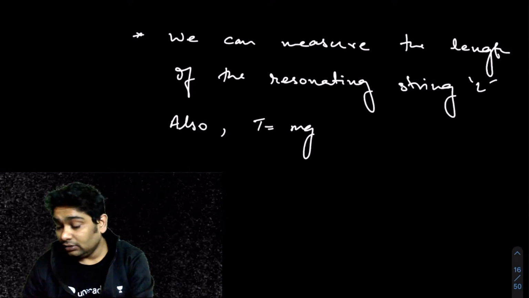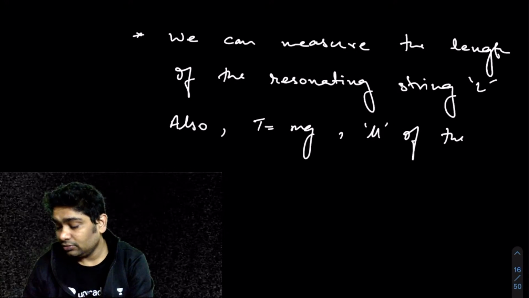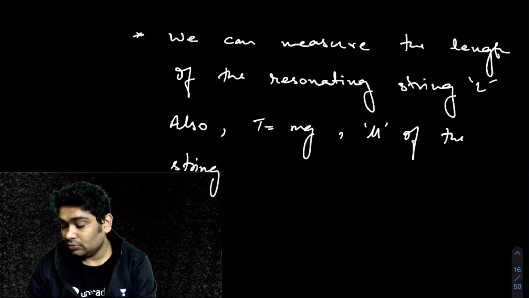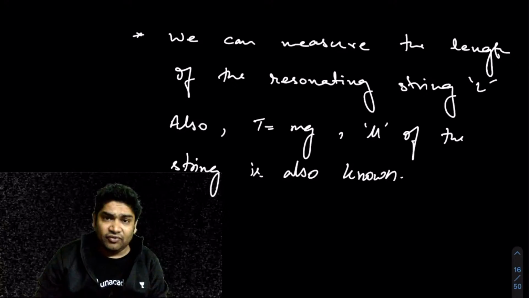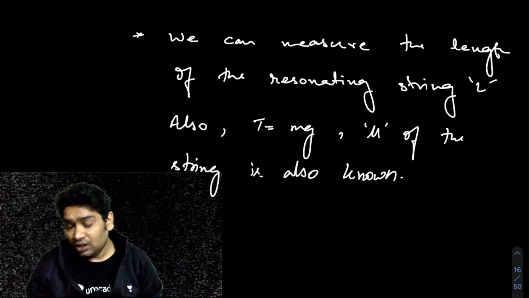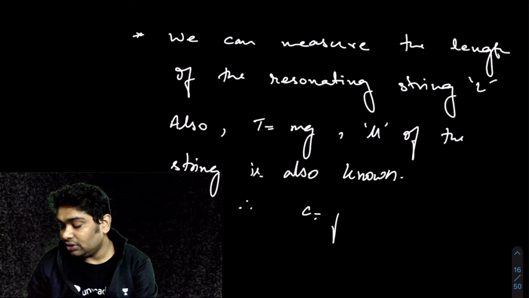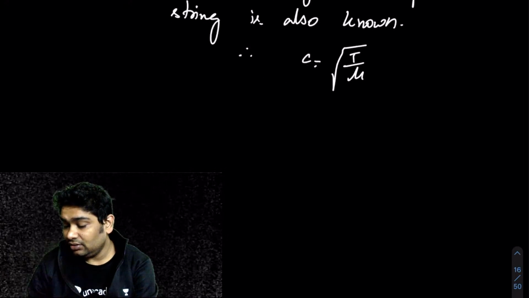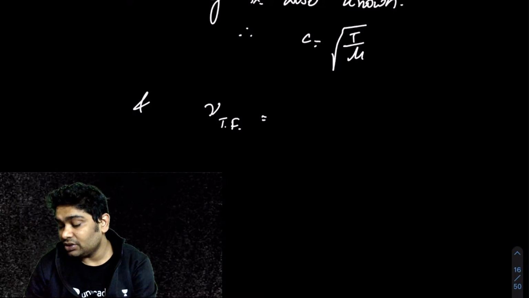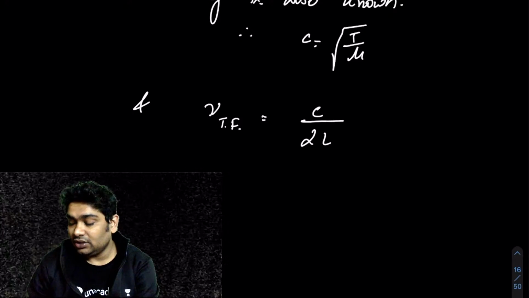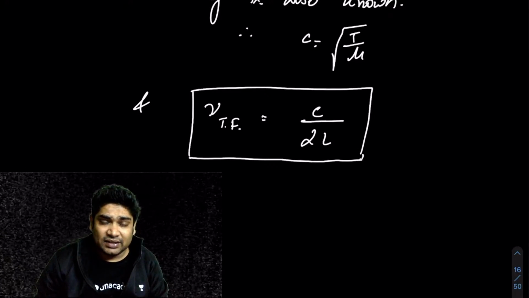Now mu of the string is also known. So you take a string for which you do know the mass per unit length. Therefore, C would be equal to root of T over mu, and nu of tuning fork would be equal to C over 2L. So this is how you can finally figure out the frequency of the tuning fork. So this is a method.